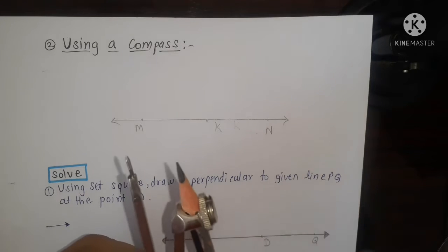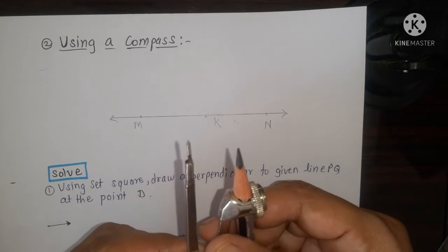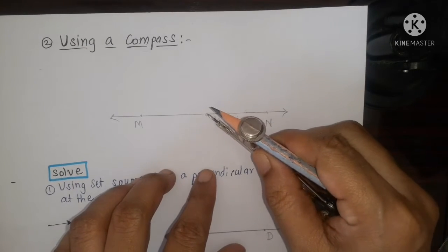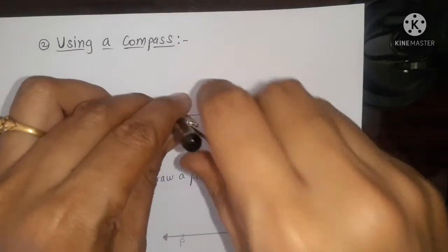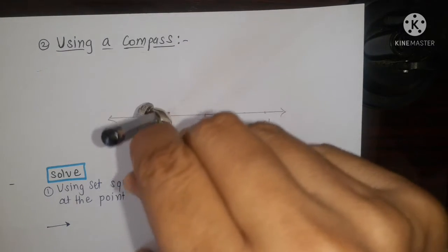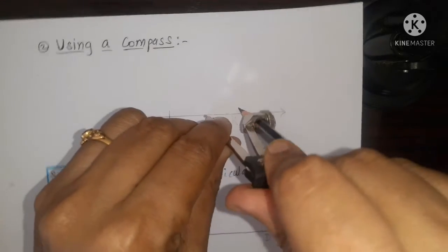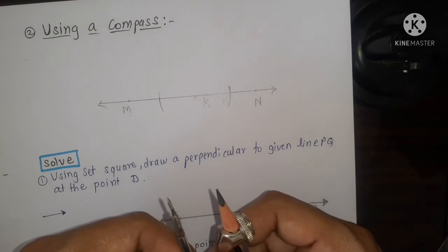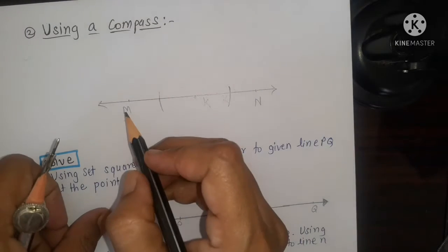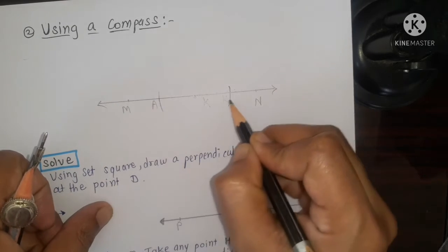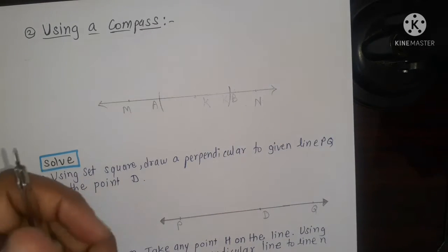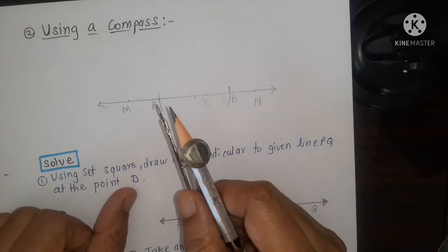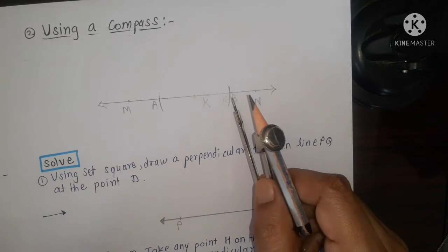We take a compass with a sufficient measurement, place the metal point on point K and draw an arc on either side of point K. Name the points of intersection A and B respectively.